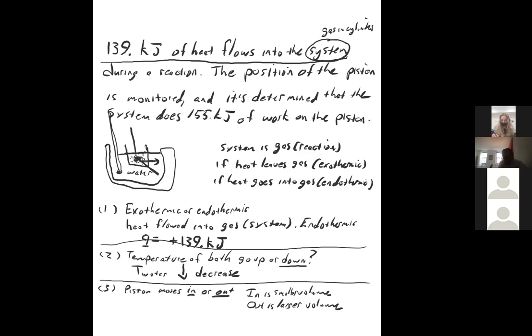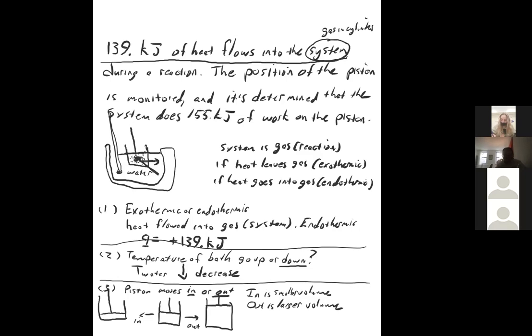Okay, so let me show you what I mean by that. If you have the piston like this, and then it goes like this, this would be moving out, right? And then if it looked like this at the end, then this would be moving in. Okay, so moving in means the volume's getting smaller.